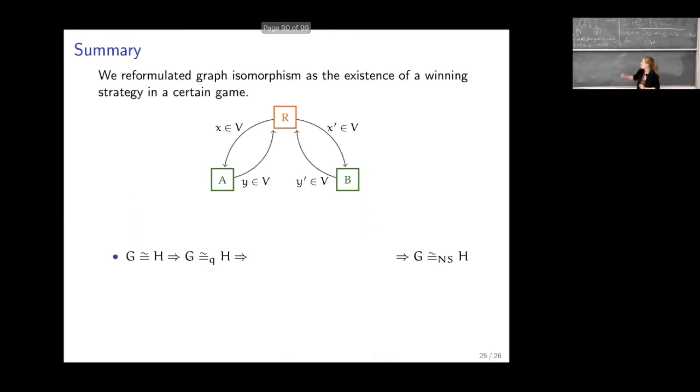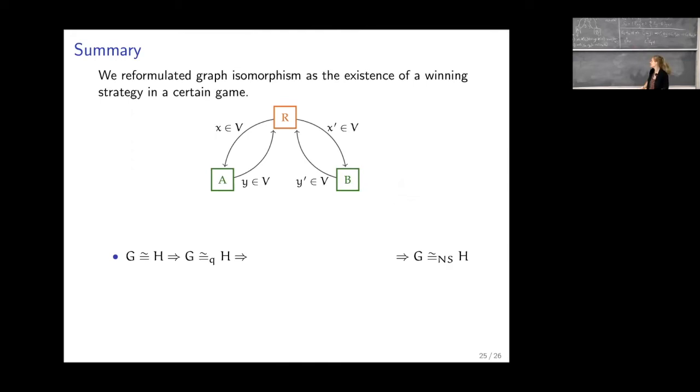And we said that this quantum isomorphism and classical isomorphism, we can also see as these conic versions if we look at the appropriate cones. So a completely positive cone for isomorphism and completely positive semidefinite cone for quantum isomorphism.